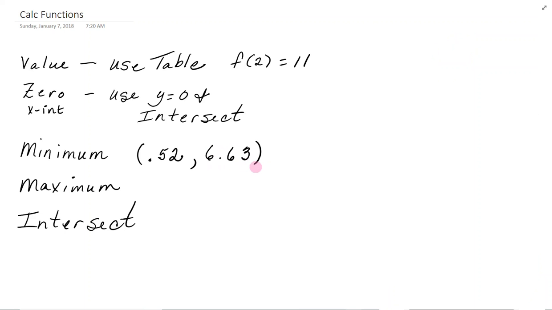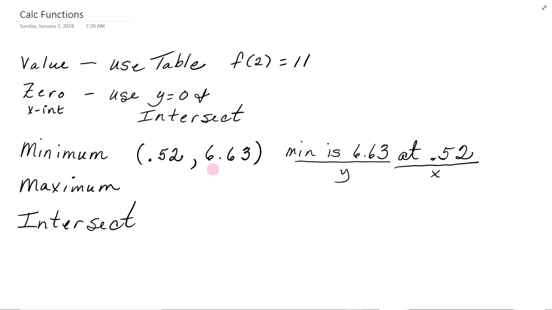Depending on the language of the book or my math lab, the min is 6.63 at 0.52. So when they say at in our book, they're asking for what's the x value, but the actual min is the y value. So that's your x and that's your y. These are approximates, and your question will tell you how to round.